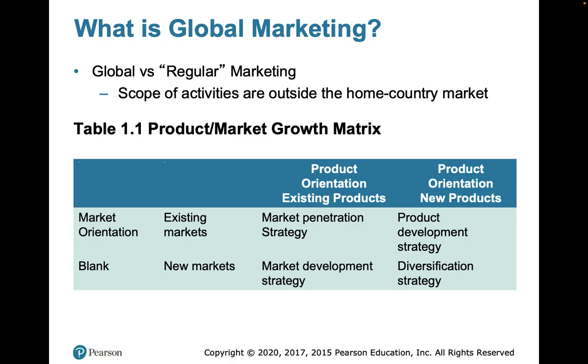So Starbucks, for example, dropped the word coffee from its logo, because they wanted to come up with a diversification strategy, and they were penetrating new markets, and they were coming up with new products. And why did they drop coffee from their logo?